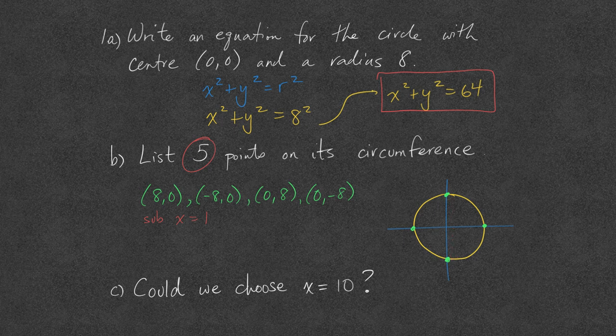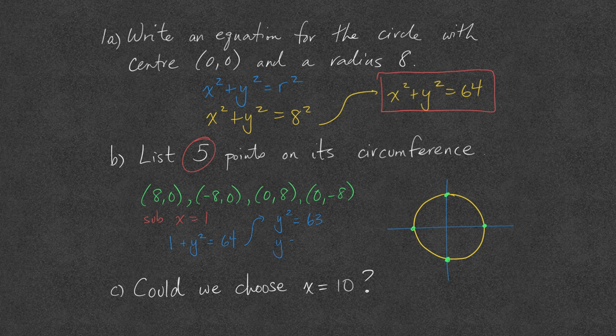So if I just subbed in an x value of 1, then I'm going to get 1 squared is 1, plus y squared equals 64. Well, look what I have. I now have an equation with one variable. I can solve it for y. So my y squared is going to give me 63.